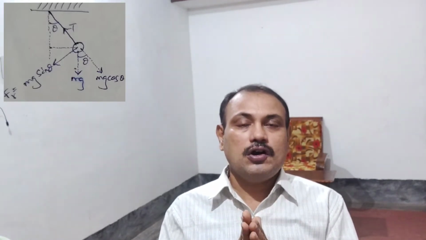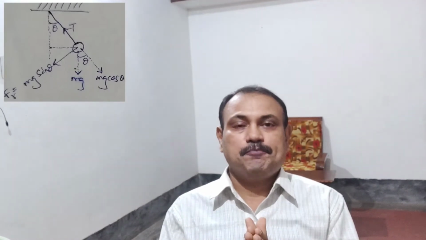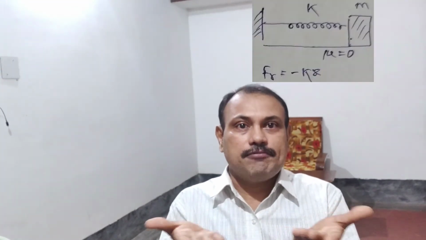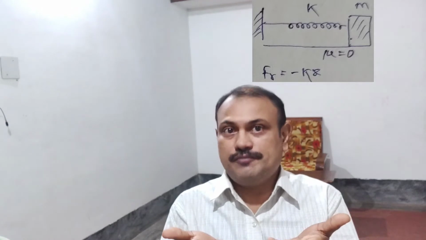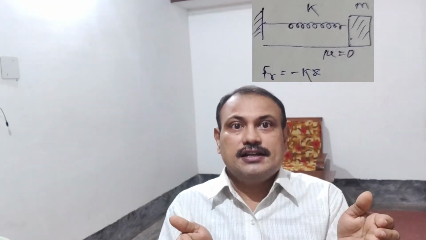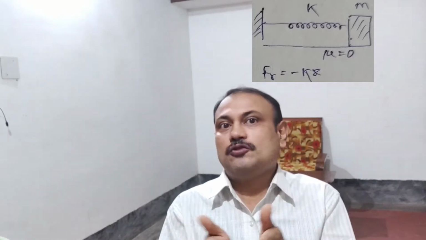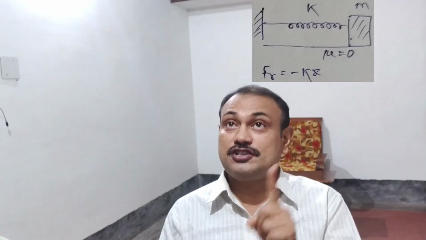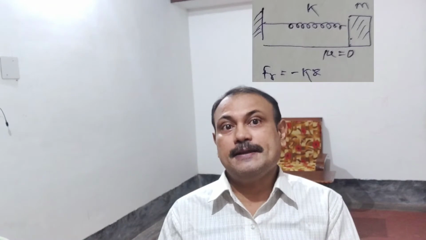Now when you have a spring force, such that the body is on a flat surface with, of course, coefficient of friction 0, then the spring force is responsible for bringing the body back to its original position. So the restoring force in the case of a spring is minus kx.